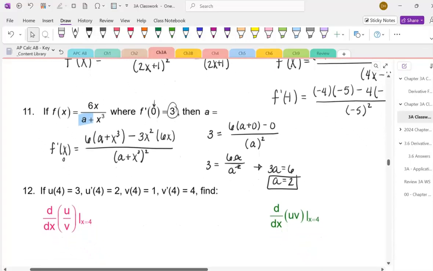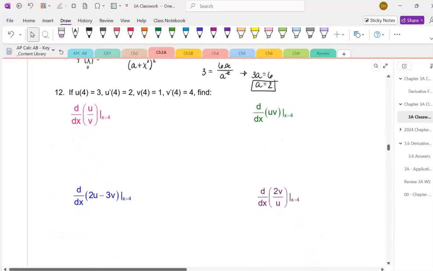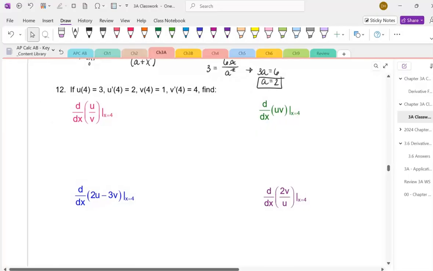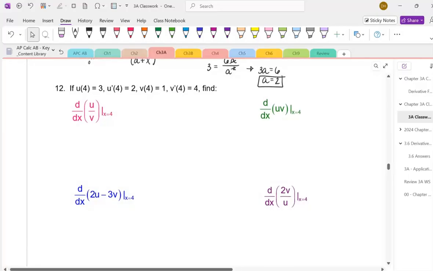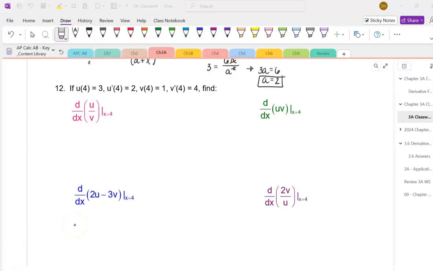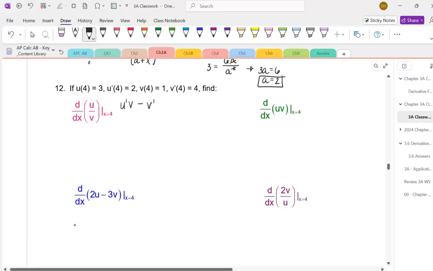After that, we've just got some rules. So it's just going through the different rules for derivatives. So we're going to take the derivative of u over v. So we've got the derivative of the numerator times the denominator minus derivative of the denominator times the numerator all over the denominator squared. And then we can evaluate it at 4.